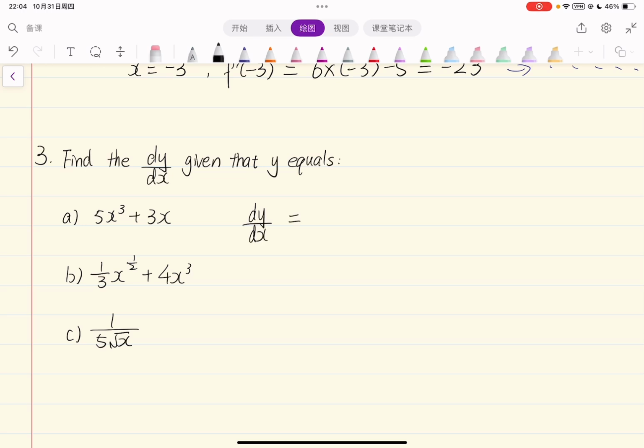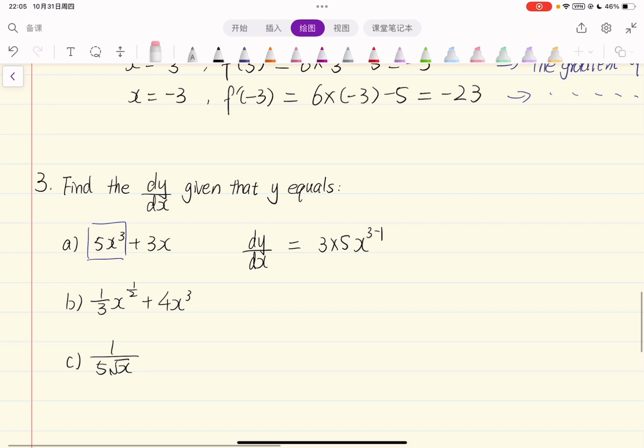For part A, we have 5 times x cubed plus 3x. Now let us differentiate the first term. We have 3 times 5 times x to the power 3 minus 1. That equals 15x squared.